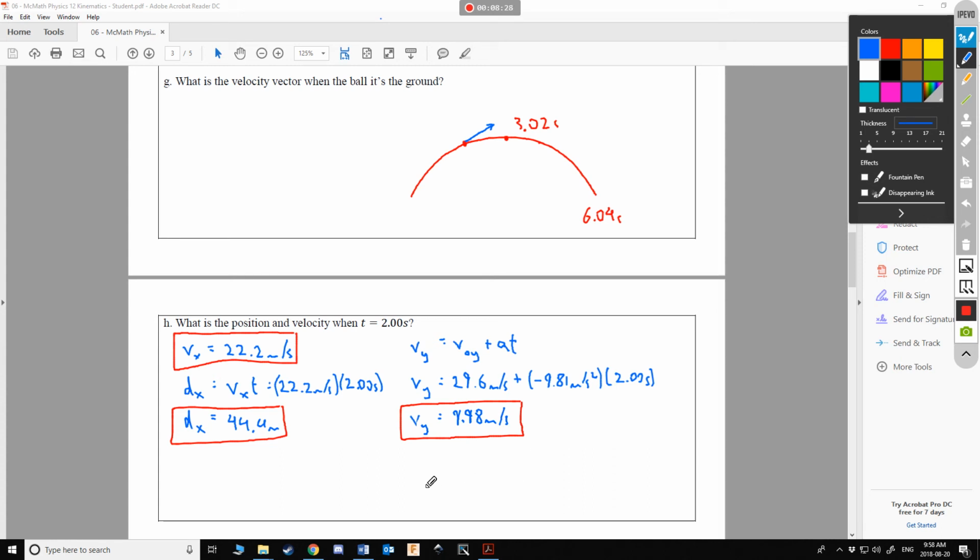Our position, on the other hand, we can use dy is equal to v0y t plus 1/2 a t squared. dy is equal to, again, our speed we know that's 29.6 meters per second, t is 2.00 seconds, plus 1/2, our acceleration is negative 9.8 meters per second squared, and time is 2.00 seconds squared.